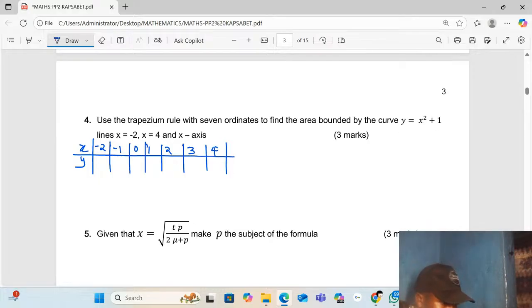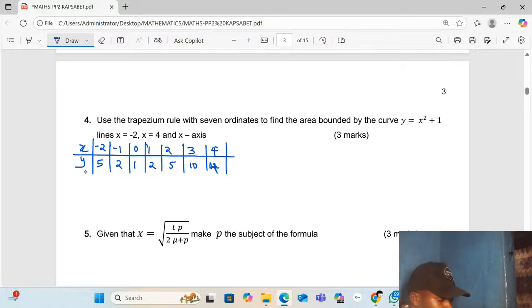So -2 squared plus 1, that is 4 plus 1, we get 5. Here we shall get 2. Here 1. And then we get 2, 5. Then this one will be 10. Then 17. So we have the values of y. We know this is an estimation.